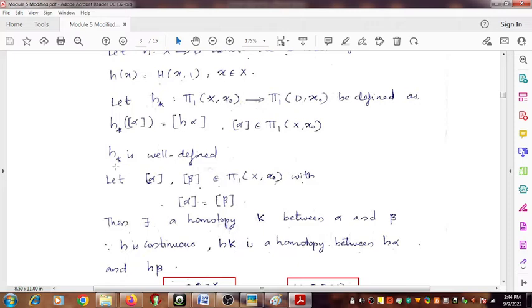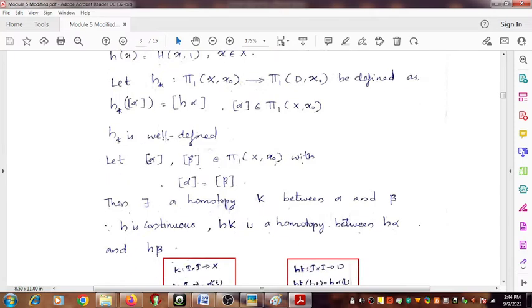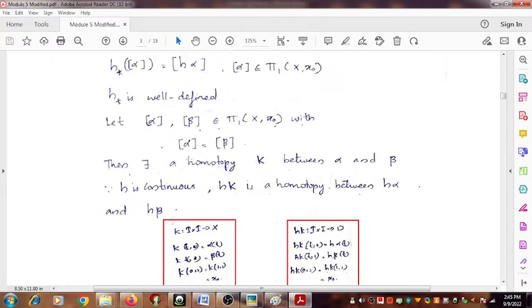So first of all, we are going to show that h star is well defined. For that you have to consider two elements of the first group, class alpha and class beta of pi1 of x naught, with the additional supposition that class alpha equals class beta. Whenever these two members are equal, you cannot treat them as different.